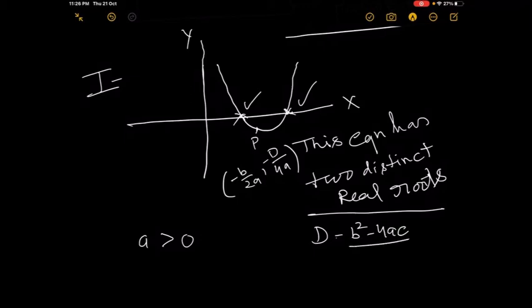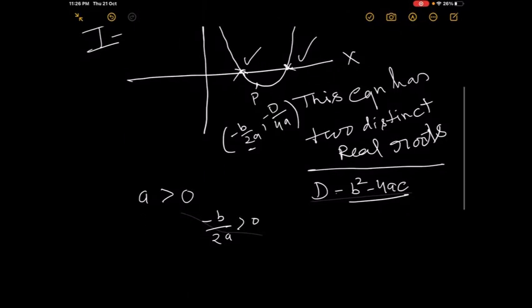Okay, so now a is greater than 0 and this point P lies in the fourth quadrant. What is the value of x? x is always positive. So minus b by 2a is greater than 0, and we know that a is greater than 0.